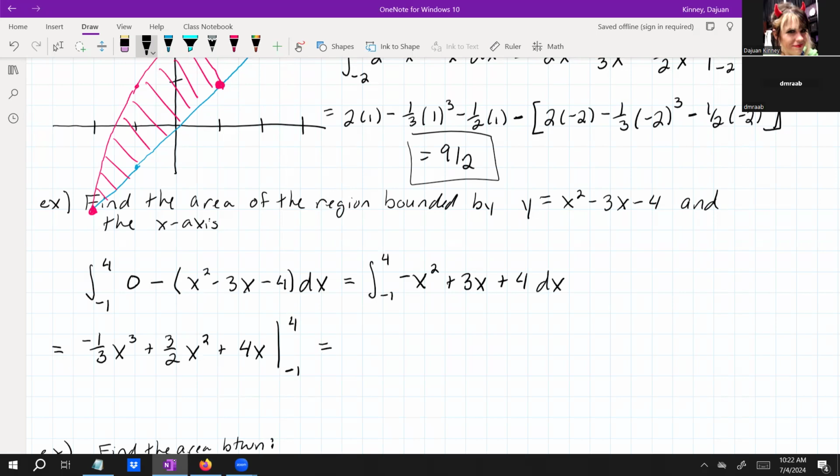So -1/3 4 to the 3rd plus 3/2 4 squared plus 4 times 4, which will be 16, gives me 56/3 minus, now I'm just going to plug in the -1.